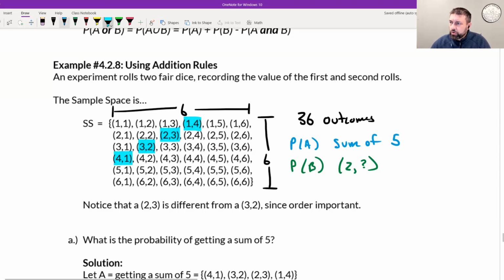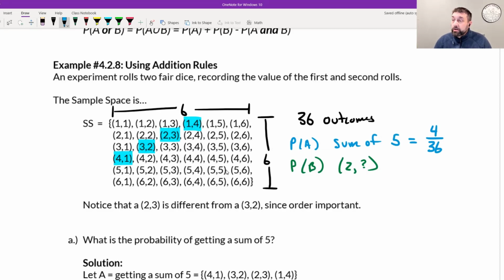You may notice, because of the orientation of this, that these are on a diagonal, almost like a word search, where you're looking for the letters that make up the word. So the probability of rolling 2 dice and getting a sum of 5 is going to be 4 out of 36. 4 items meet the condition out of a total of 36 outcomes.